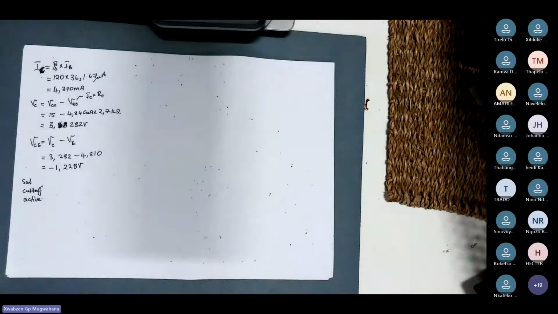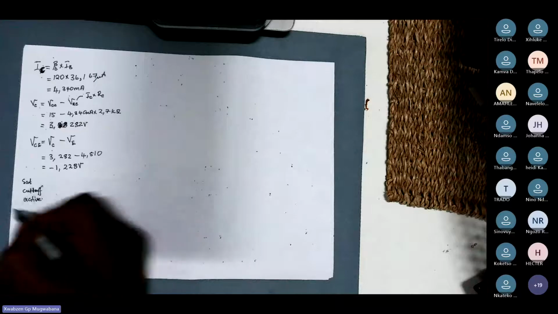Now, for me to do that, let me define the cutoff region. How do I define the cutoff region? I will define the cutoff region in this condition.